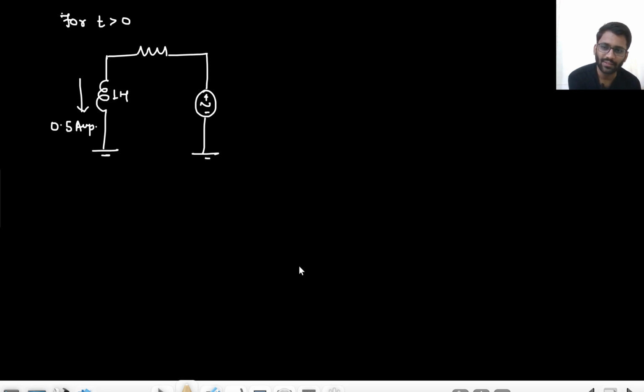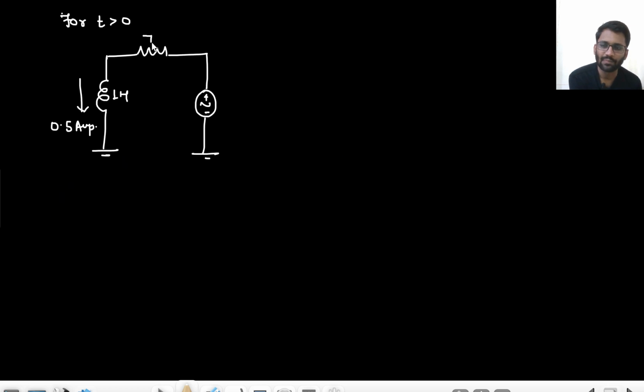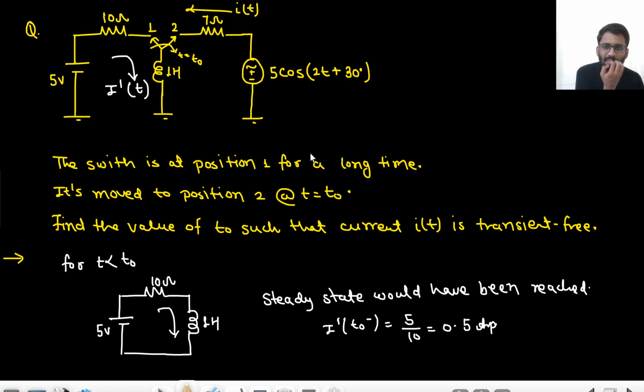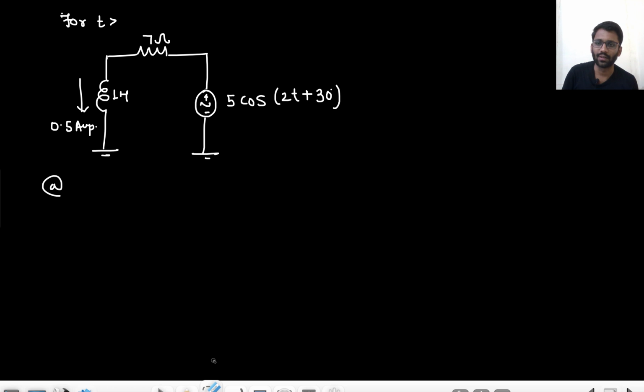And this R is 7 ohm, and this is 5 cos(2t plus 30 degree) source. So what does this RL circuit see for t greater than t naught, not t greater than 0.